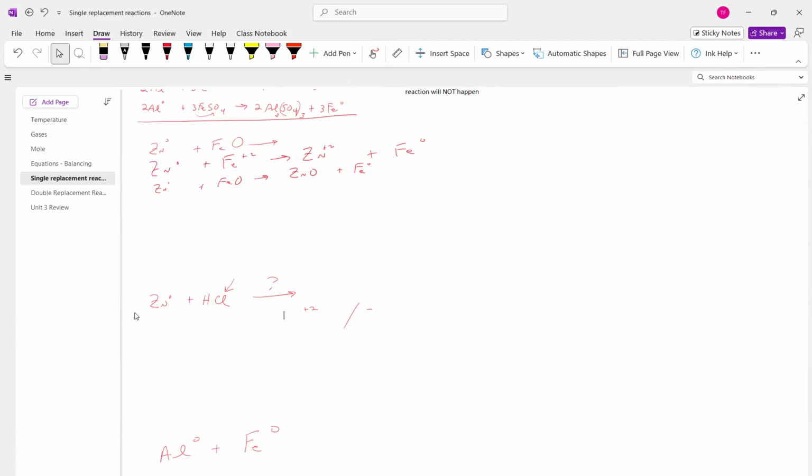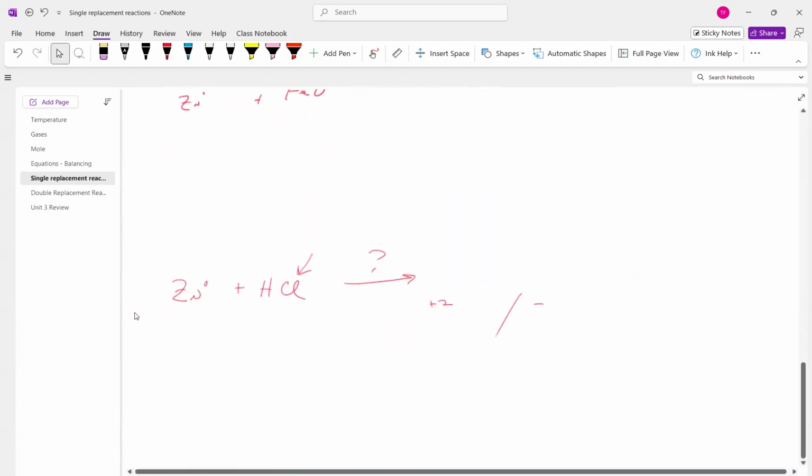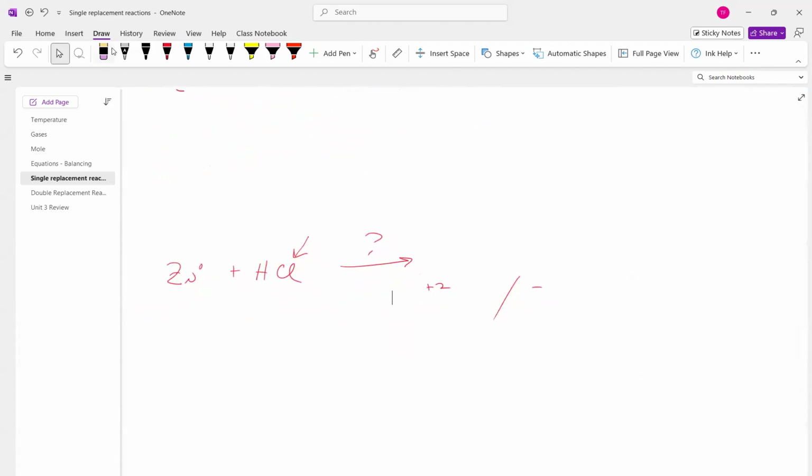So the weird part is you're going to treat that like it was a metal. So you're starting with zinc metal, and the ion in this case is going to be H plus. Okay, so the H plus is the ion, the zinc is the metal.